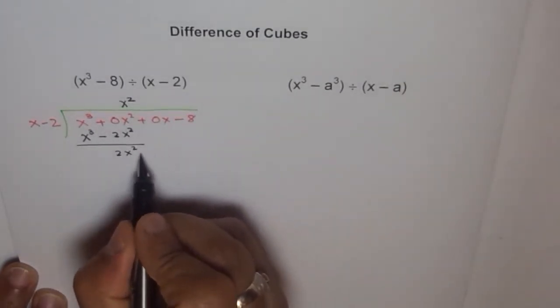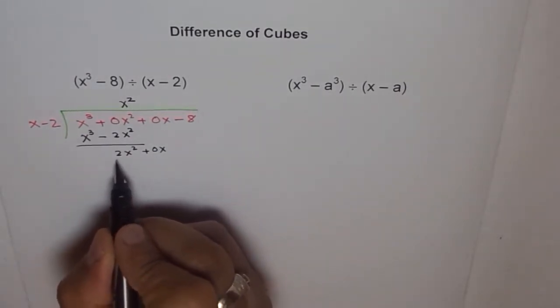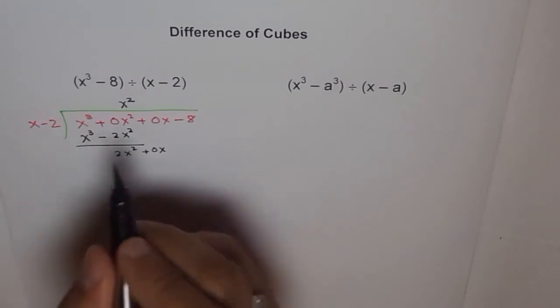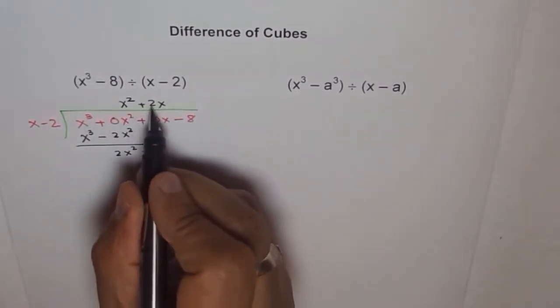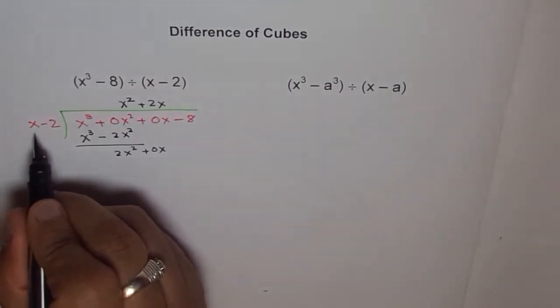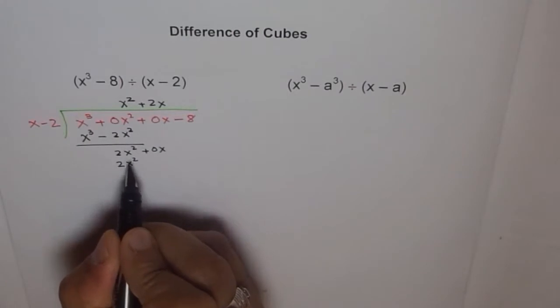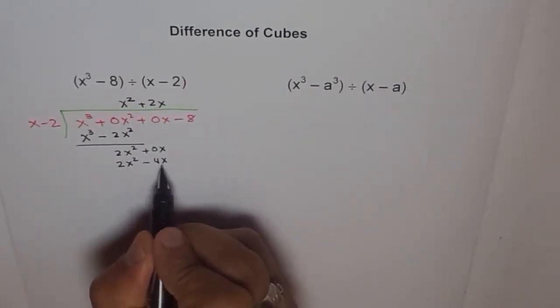Bring down the next term, which is plus 0x. Now, we'll try to get rid of 2x squared this time. So that will give us 2 times x. We'll write plus 2x. 2x will be multiplied by x minus 2. So you get 2x squared minus 2 times 2 is 4, 4x.